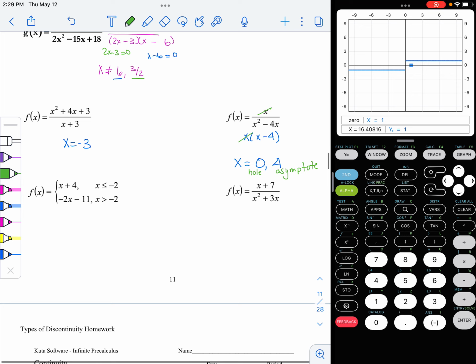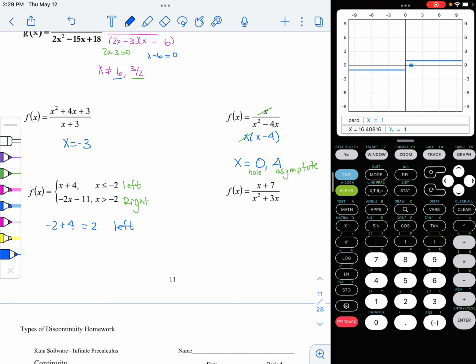Piecewise functions, such as this one, are going to be where we have a jump, but in order for me to know if there's an issue, I have to check my left side. It's left because it's less than 0, and my right side, it's greater than 0. So if I stick -2 in for the left-hand side, I get out 2.